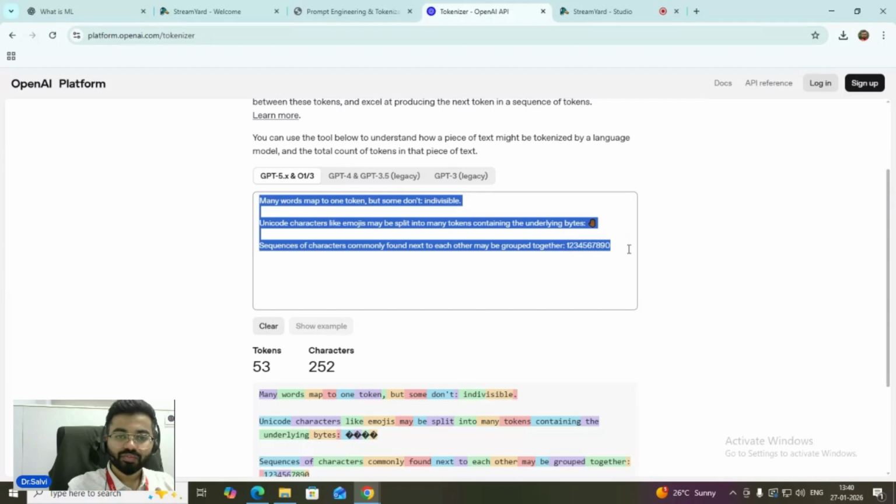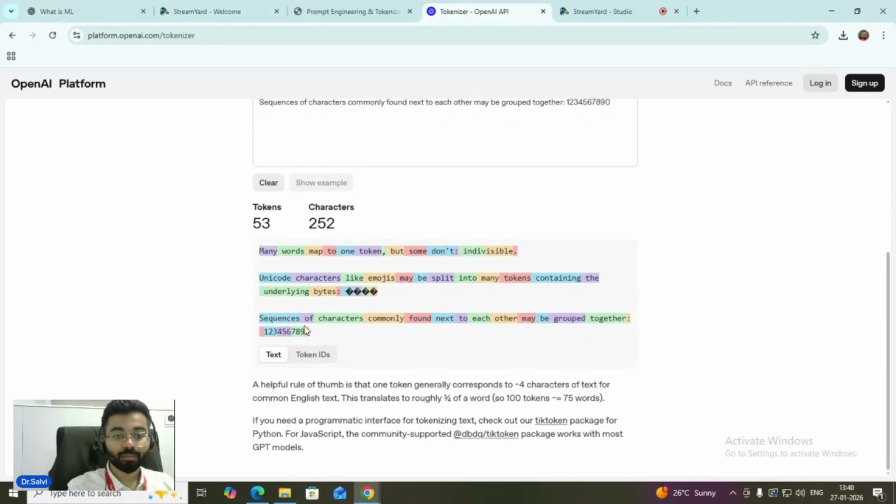And here, if you see, we have all of the things mentioned: there are spaces, there are special characters, there are numerals, and there are multiple aspects to it as well, right? Now what ChatGPT does is convert all of this into tokens for us, and from this it has made 53 tokens.